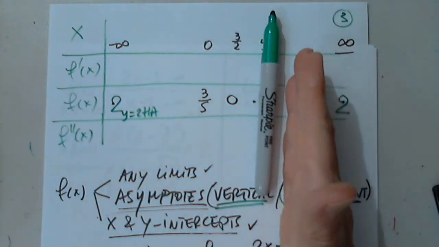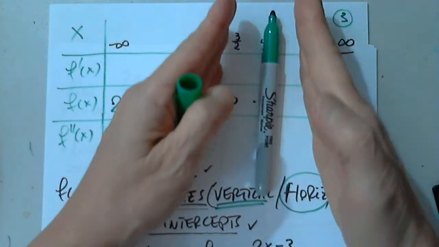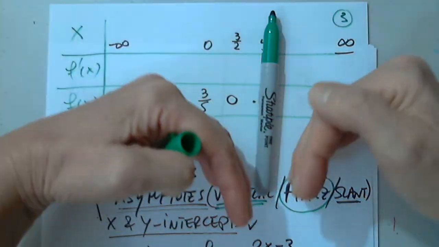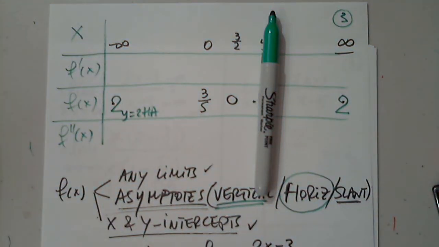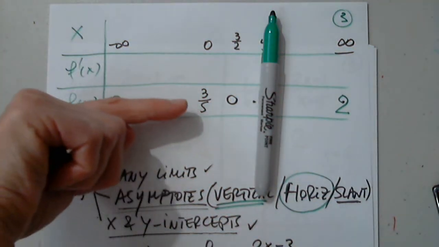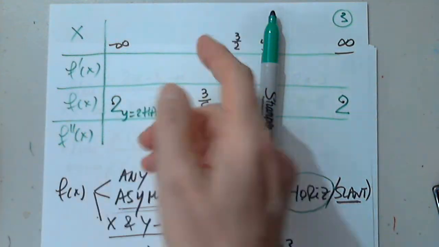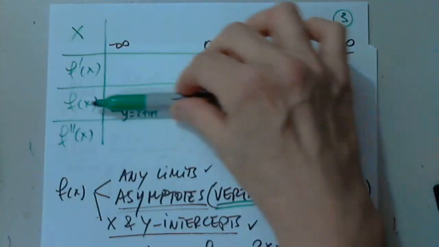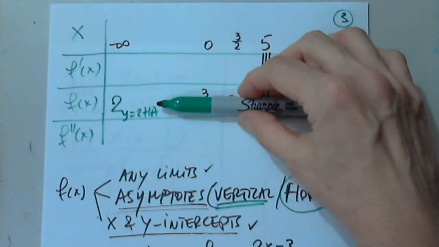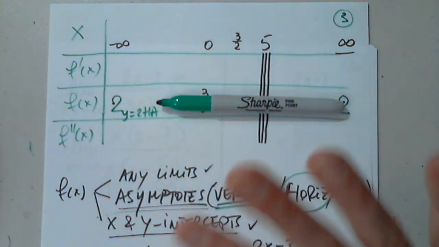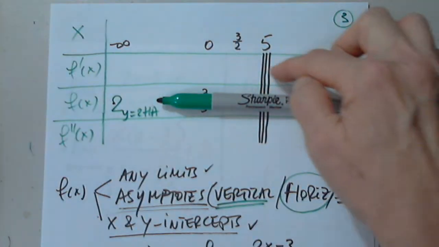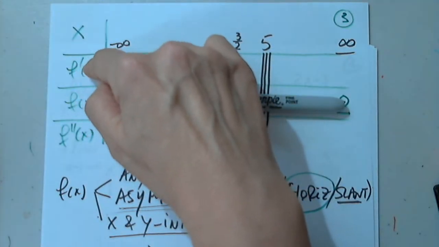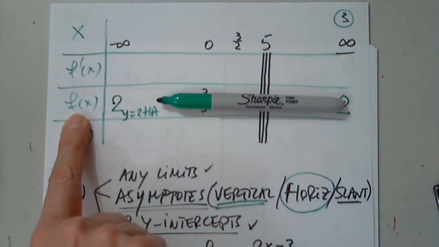Is it going to negative infinity? Is it going to positive infinity on both sides, negative infinity on both sides? I have no clue. So I need to determine the limit from the left of 5 and the limit from the right of 5. And then I exhausted everything here. Only now I can say, after that, I'm done. I can explore this and see what this is telling me about this.